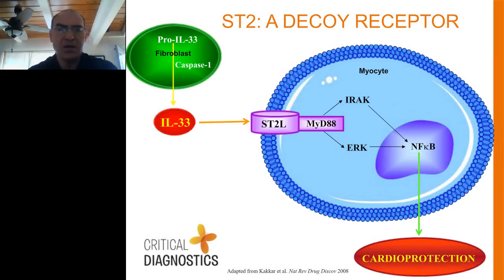This cartoon more clearly represents that, where we can see that the membrane-bound form, ST2L, exists on the cardiomyocyte membrane. The cardiofibroblast, which is the second but more predominant cell type in the heart, expresses both ST2 as well as interleukin-33.